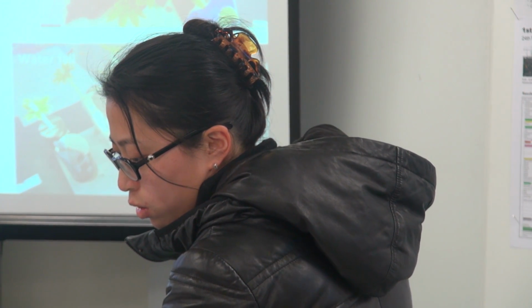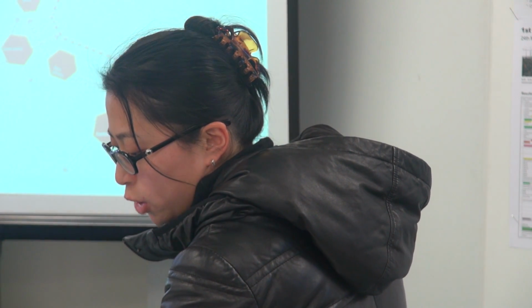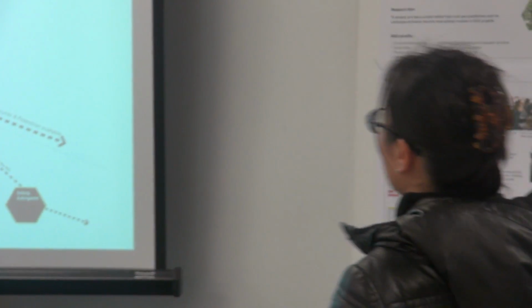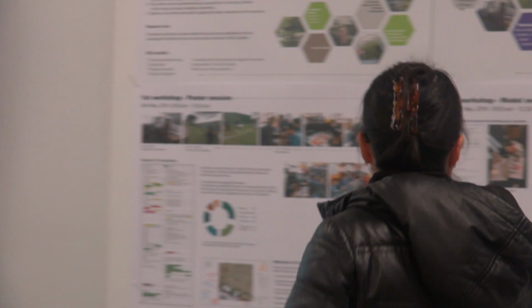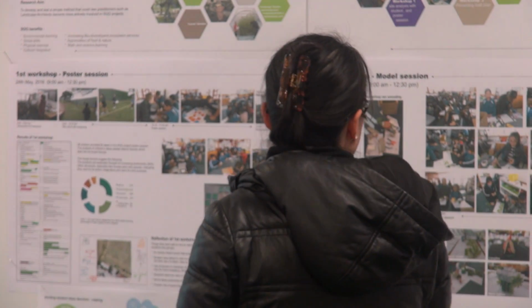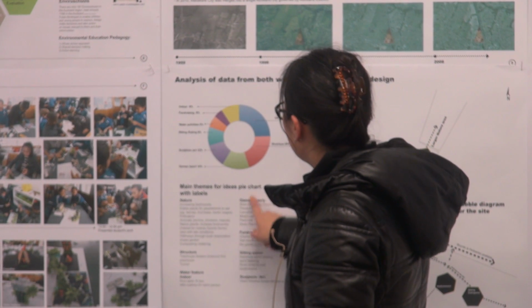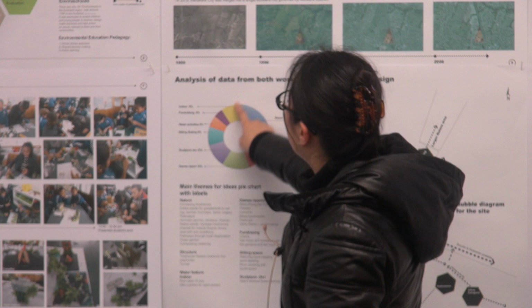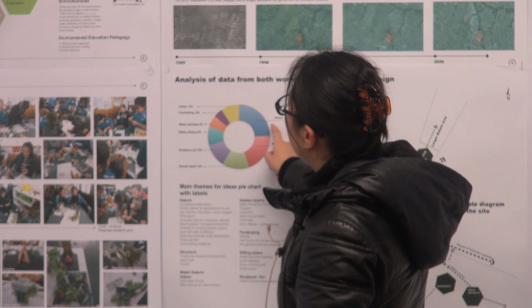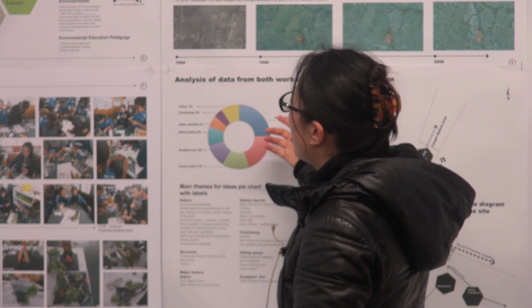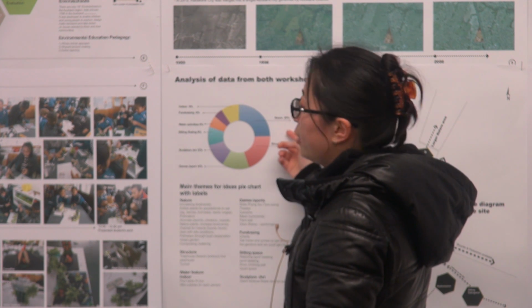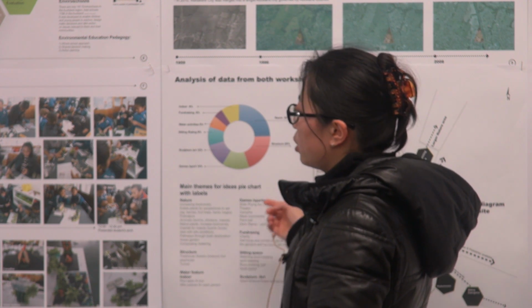So after these 2 workshops, I analyzed all the data from both of the workshops, not only one, which led to this result. The most noticeable part is that the students are quite keen on increasing nature.